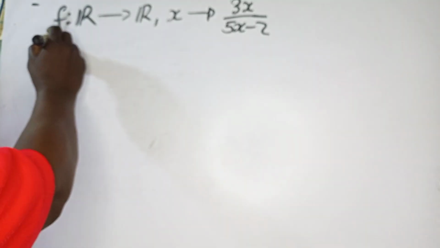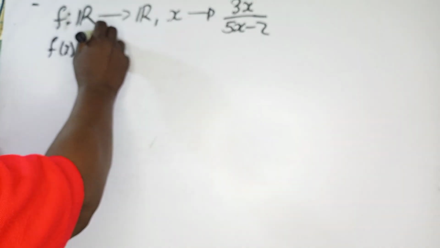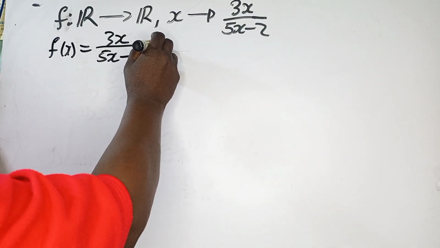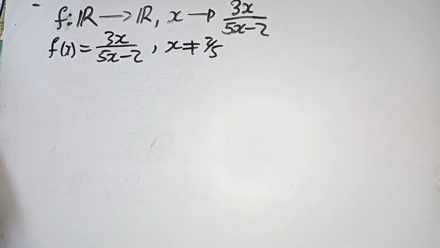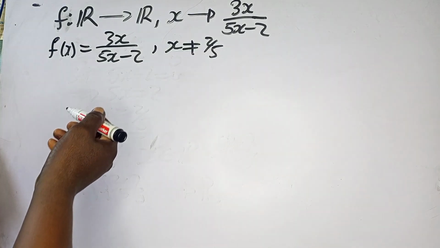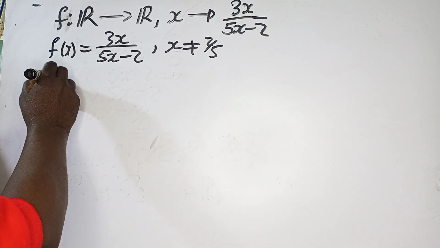So our function is f of x equals 3x all over 5x minus 2, where x should never take the value 2/5. We want to investigate bijectivity. A function f is bijective if it is both injective and surjective. Let's take injectivity.